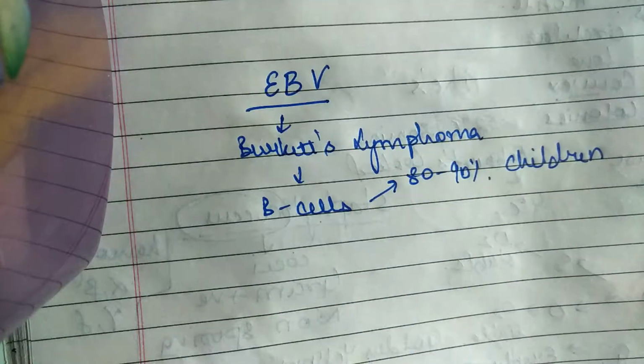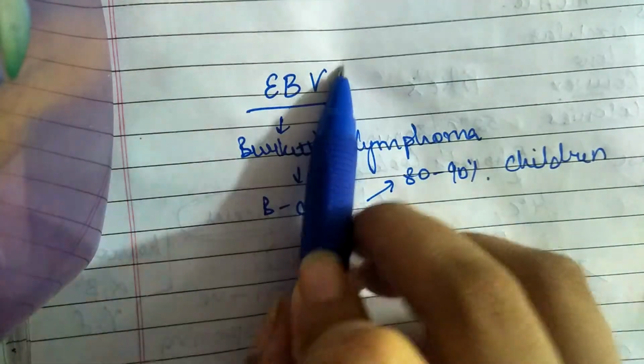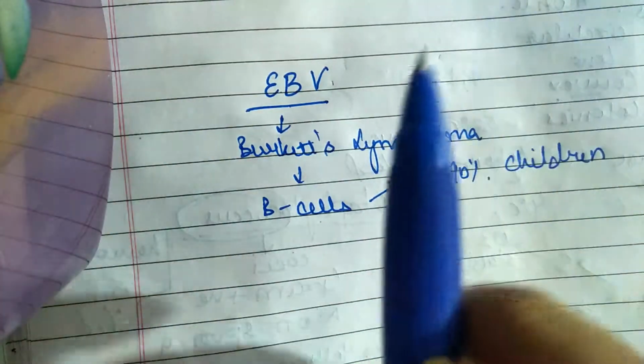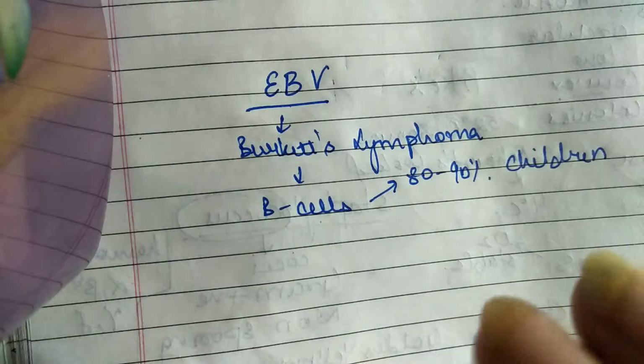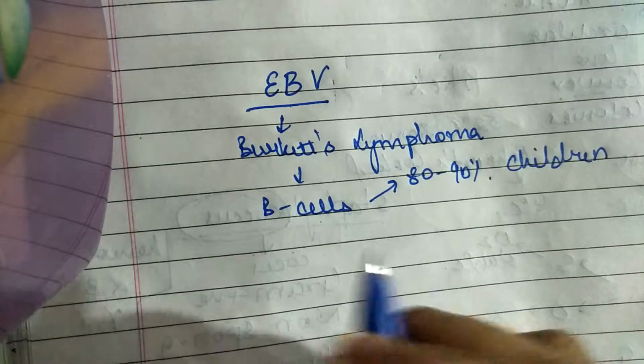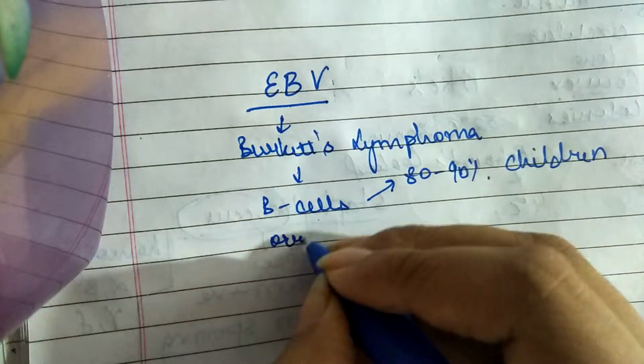Once a person has encountered an infection with Epstein-Barr virus, it persists and is present for life. The infected person is shedding the virus in oropharyngeal secretions.